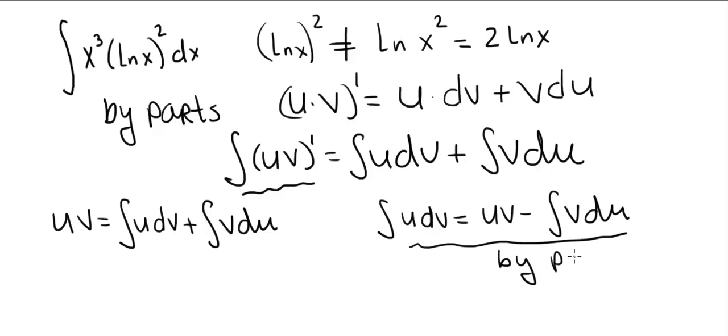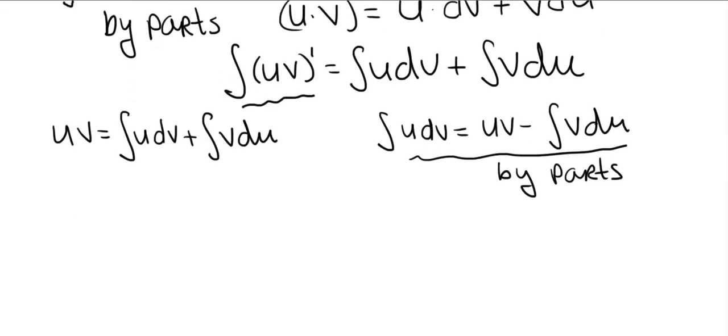The idea is to let the difficult integral, the one we're starting with, be the left-hand side, call part of the integral u, the rest dv. From there we can find du and hopefully find v, and then express the integral on the left in terms of what you have on the right. u times v, there's nothing to integrate, and then minus the integral of v du. And we hope that the integral of v du is a lot easier than the integral of u dv.